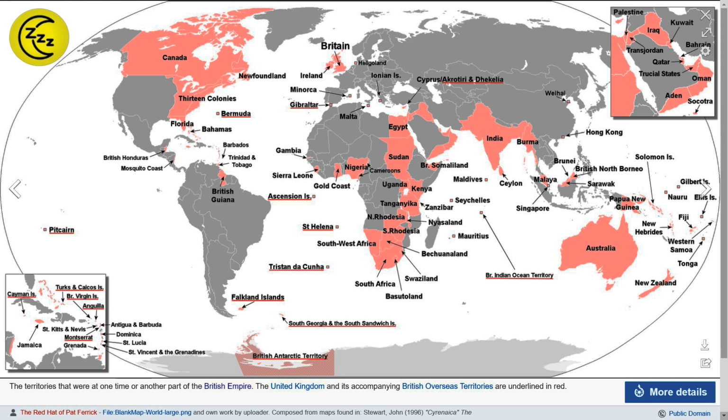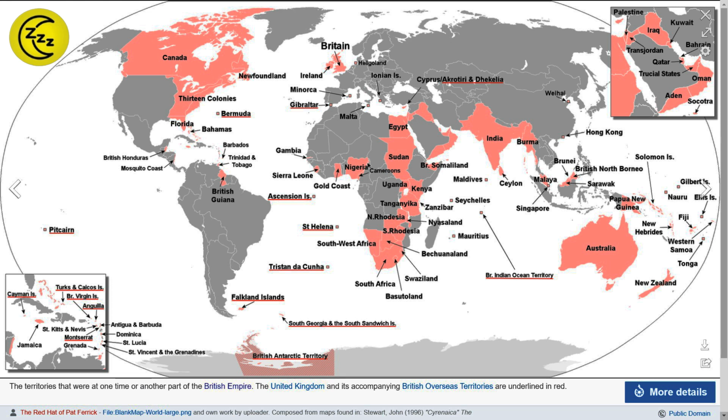Competition with France. British military and naval power under the leadership of such men as Robert Clive, James Wolfe, and Eyre Coote gained for Britain two of the most important parts of its empire, Canada and India.